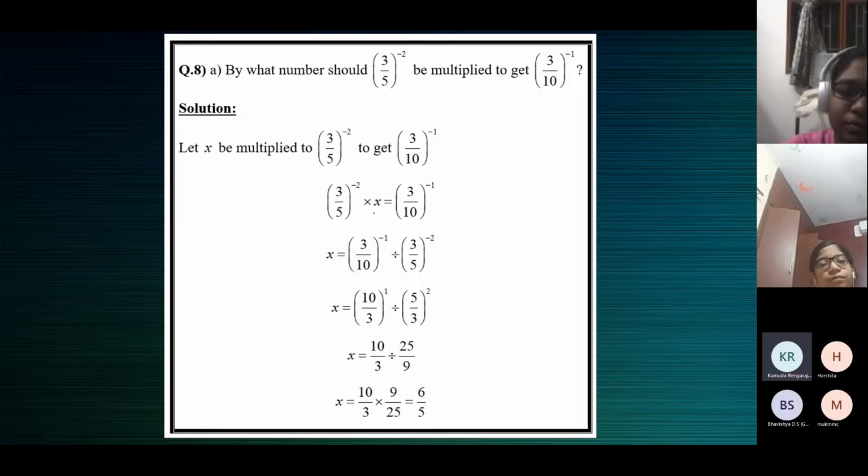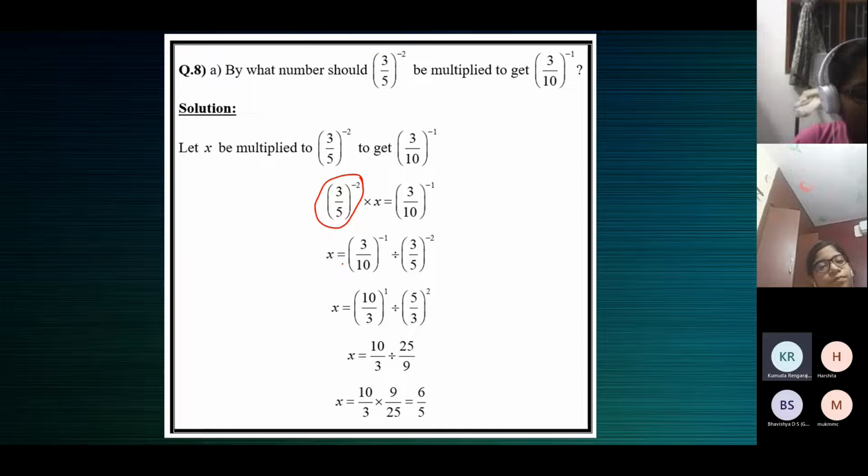Now I'm transposing this entire thing to the other side. What will happen when this comes to the other side? It's in multiplication, so as it is, it will go for division.